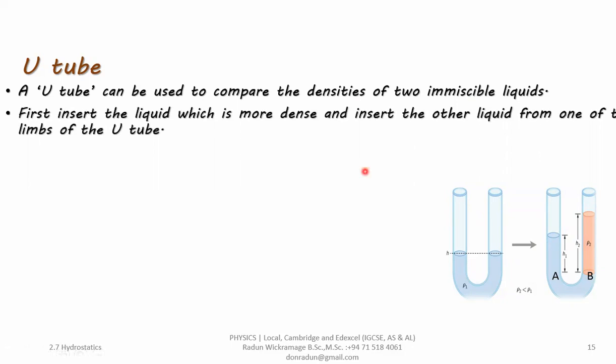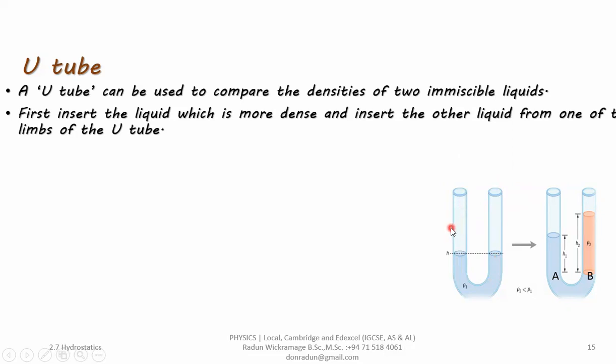First, insert the liquid which is more dense, and insert the other liquid from one of the limbs of the U-tube. Why would we do this? First we insert the more dense liquid, then we take the other liquid, and we make sure we pour each liquid at one limb only, because if you have poured water here, some of the water will be retained in here.